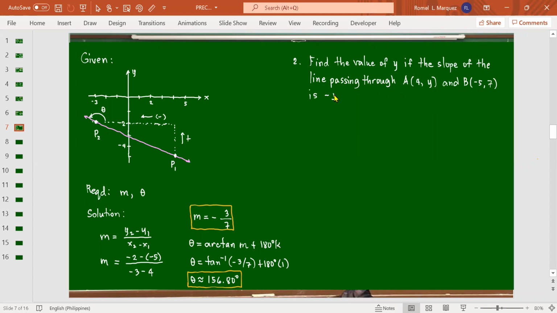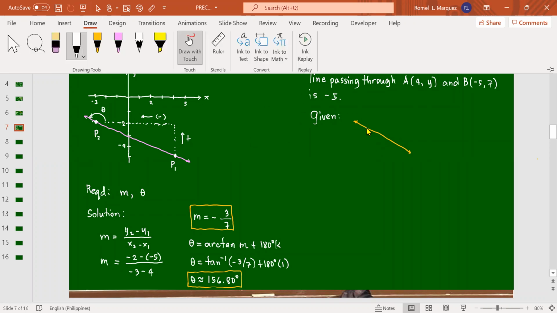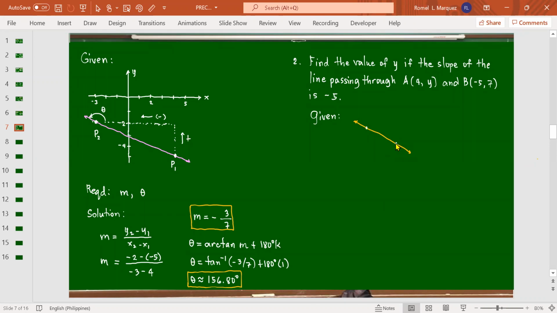Okay? So it's all right not to draw the actual figure, so let us just have an arbitrary illustration. Let's say this is my line having a slope of negative 5, and this contains 2 points, A and B. Let's say this is my A, this is my B. We're looking for the value of y, satisfying the given condition.